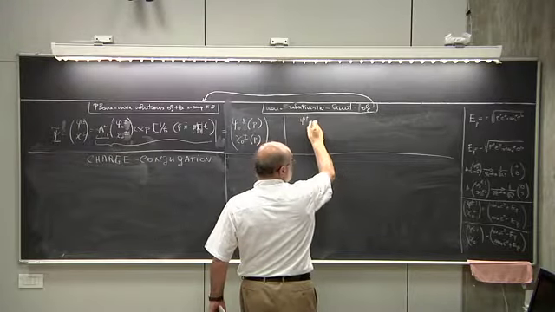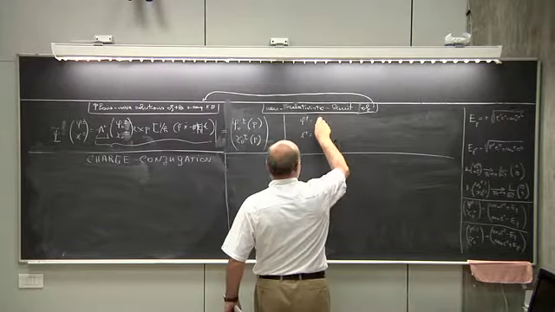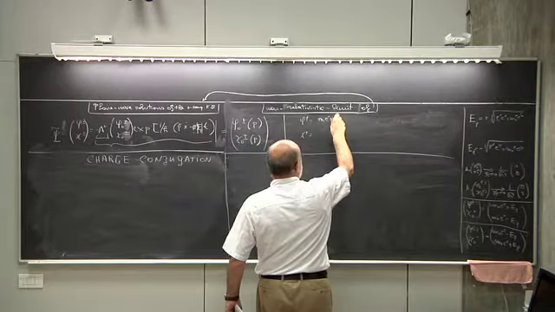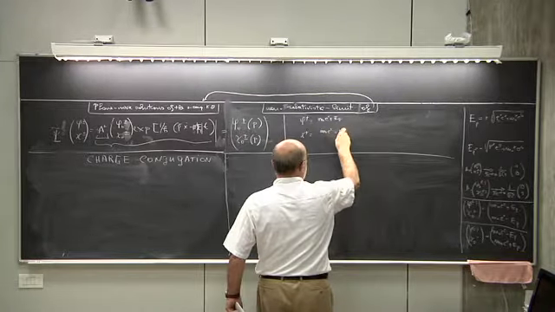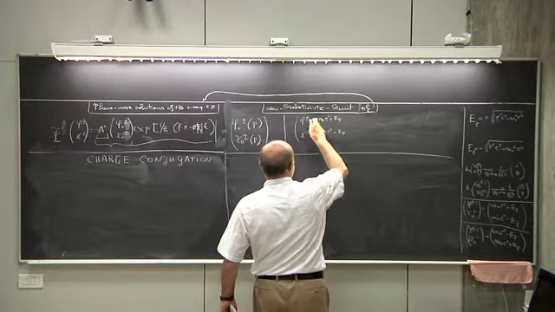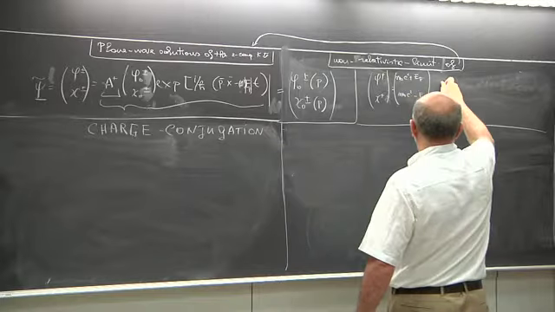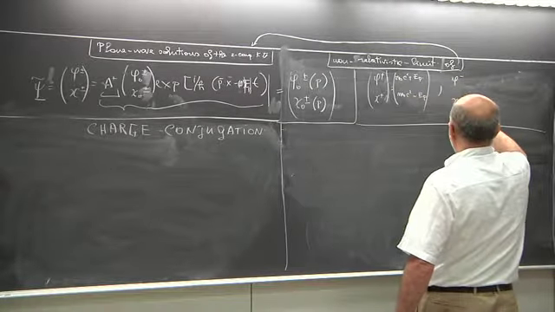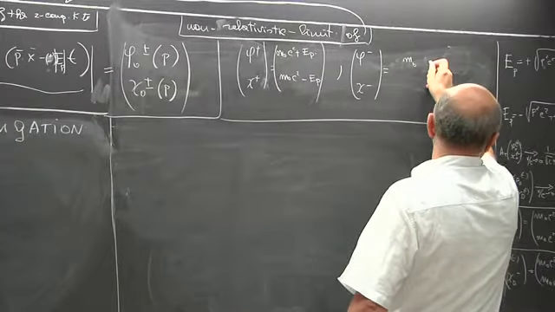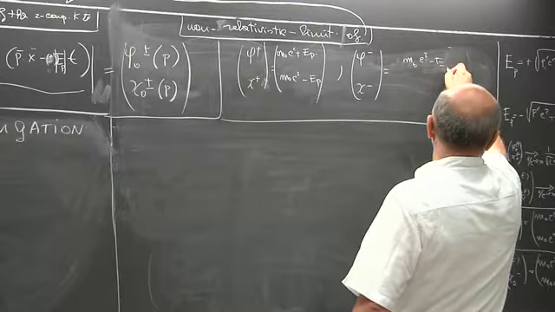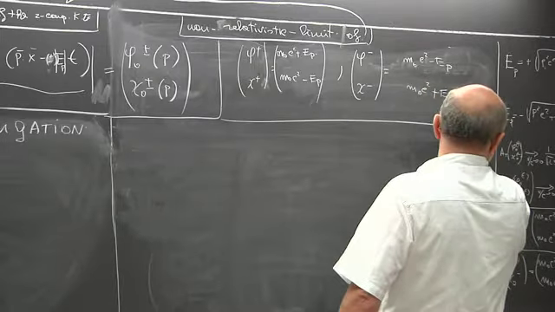Phi plus, chi plus is equal to M0 C square plus EP, M0 C square minus EP, and phi minus, chi minus is equal to M0 C square minus EP, M0 C square plus EP.